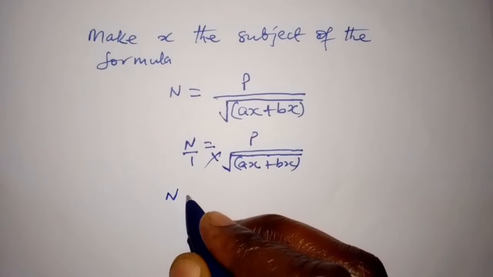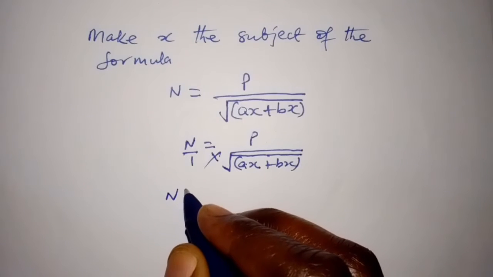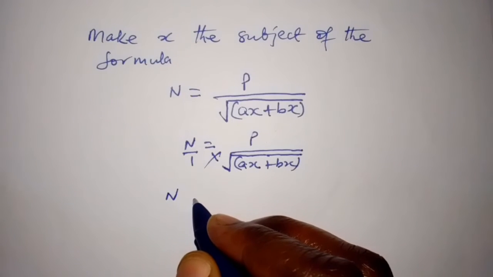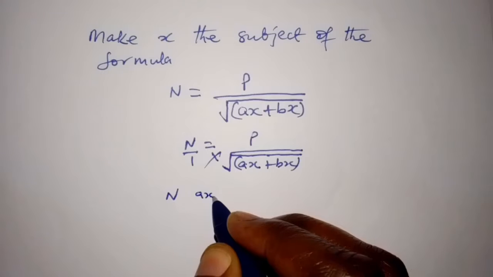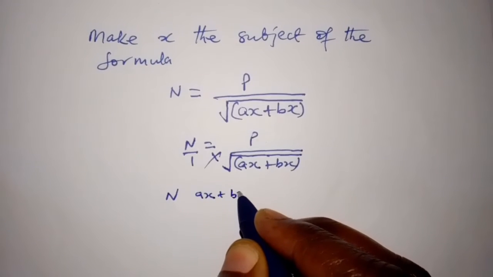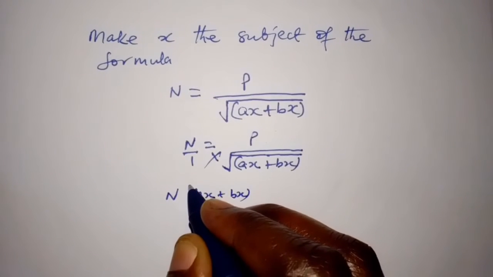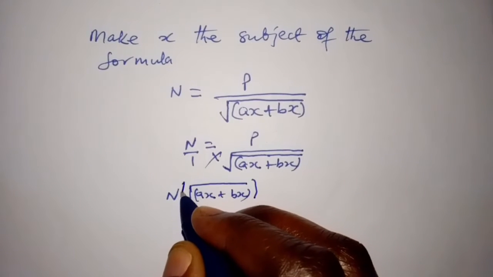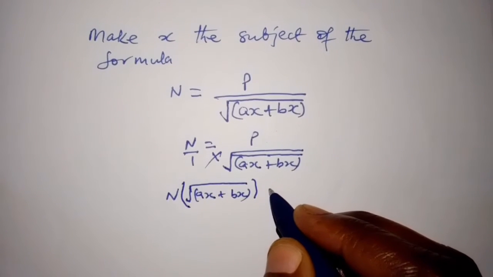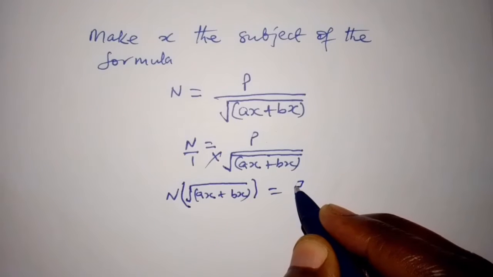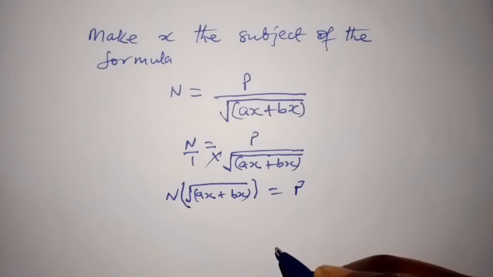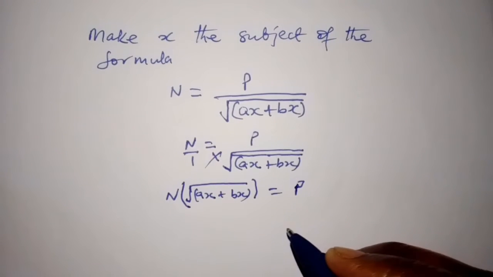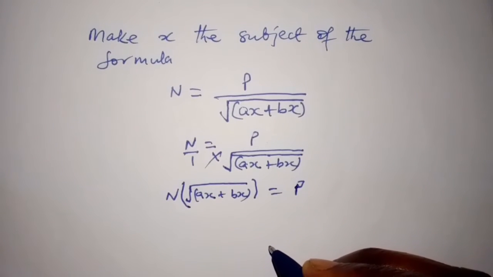N times square root of ax plus bx is equal to p. Then we can divide both sides by n.